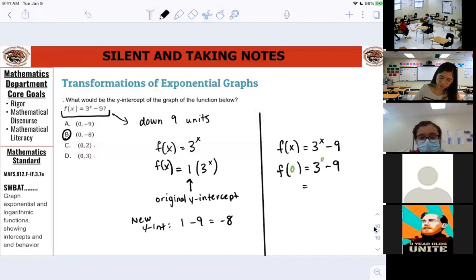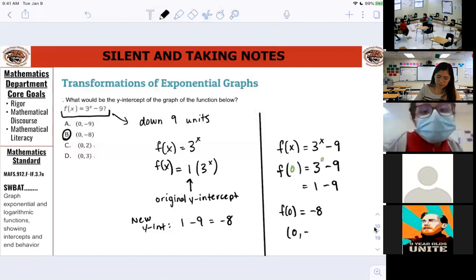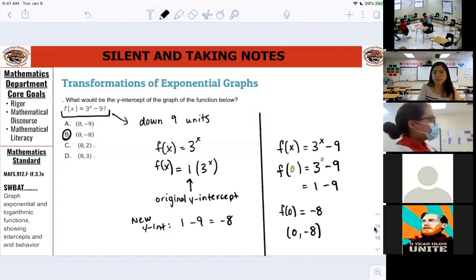Yes, it's 1. We learned it last year. Janellis is the only one who remembered what Miss Lopez says in class: anything to the power of 0 is 1. So 3 to the power of 0 is 1. So this is 1 minus 9. So f of 0 is -8. So the y-intercept is 0, -8. So that was another way to do it.